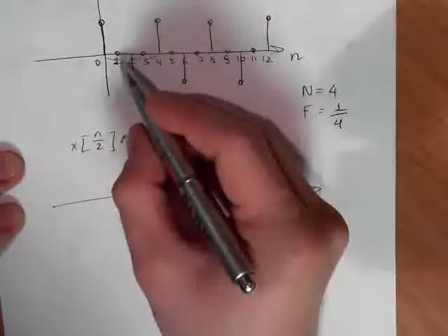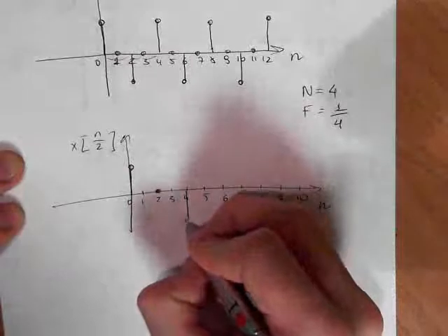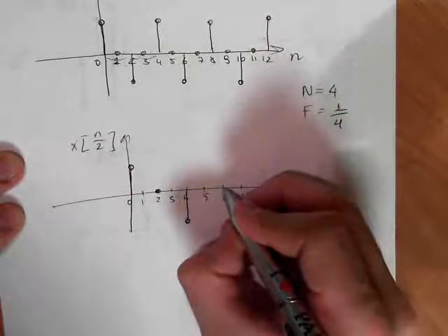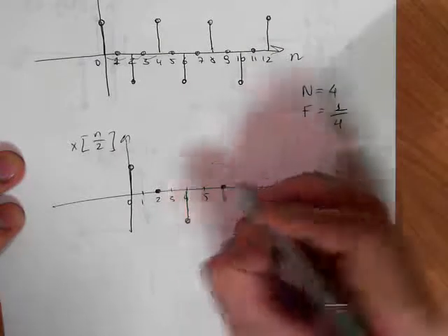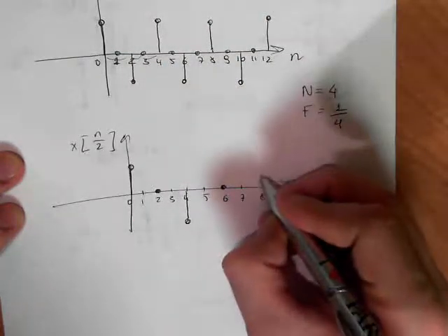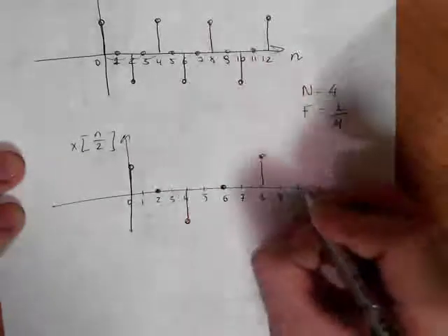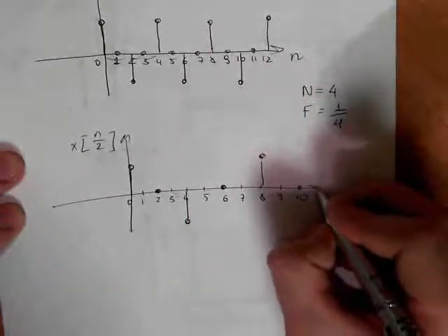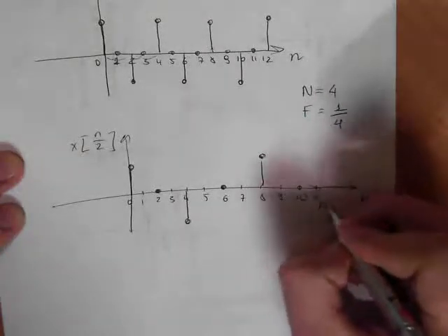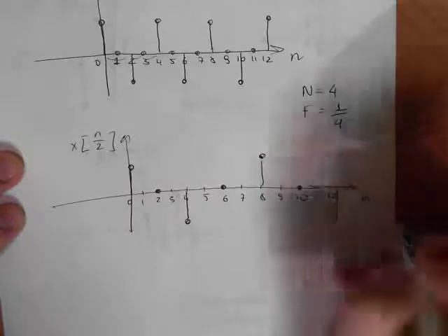What was on 2 goes on 4. What was on 3 goes on 6. What was on 4 goes on 8. On 5 goes to 10. Now we can have 11, and here we may have 12.